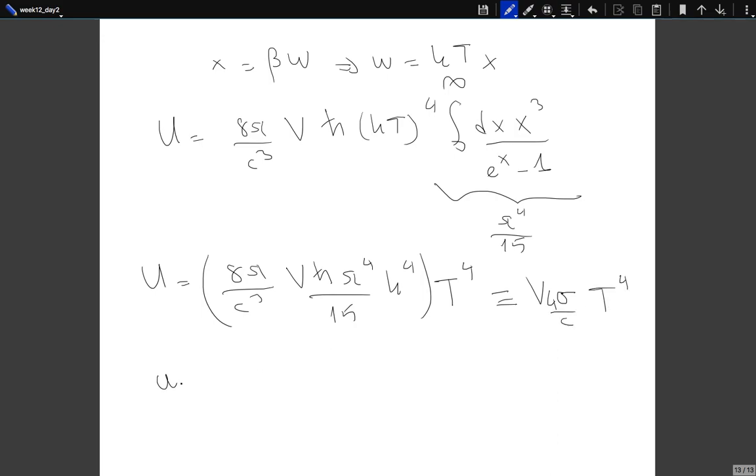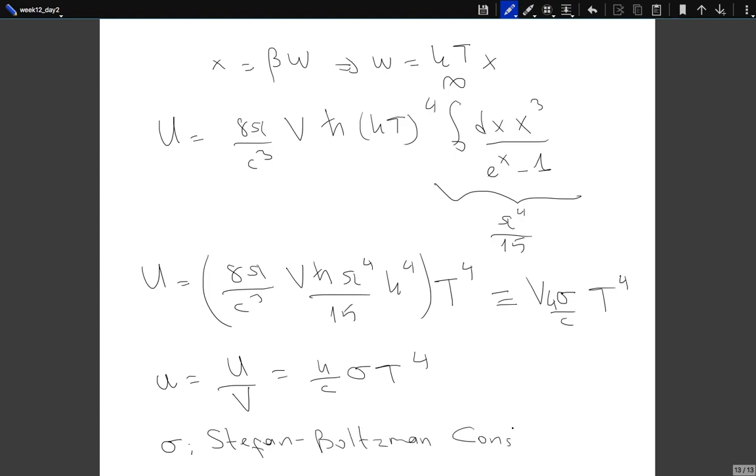Energy density, which is U over V, is 4 over c sigma times T to the 4, sigma being the Stefan-Boltzmann constant. And it is completely determined by the Planck's constant and the Boltzmann constant and the speed of light.